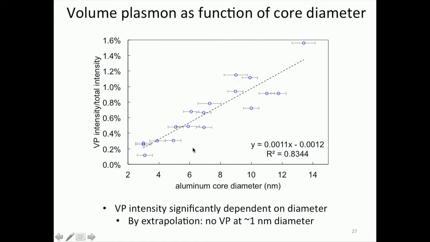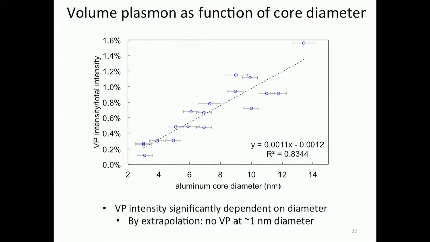If you try to fit this data with this dashed line, we found that the fit crossed zero at 1 nanometer diameter. So we extrapolated from this experimental data set that we should not observe volume plasmons for particles that have 1 nanometer diameter of aluminum. So that's one interesting result from that.